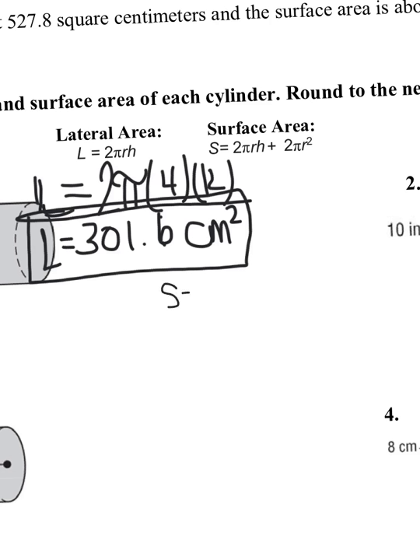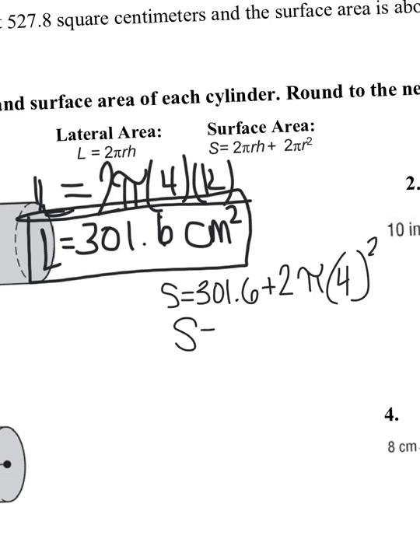Total surface area is the lateral plus 2, and the area of a circle is pi r squared. Plug that into my calculator. Total surface area is 402.1 centimeters squared.